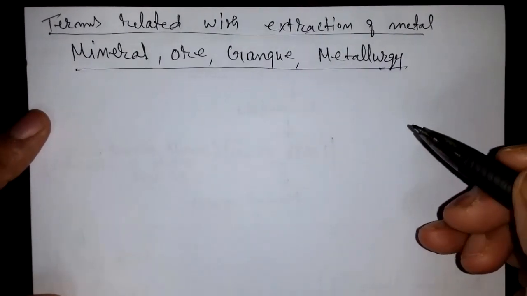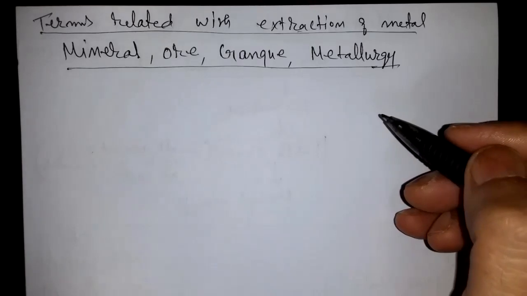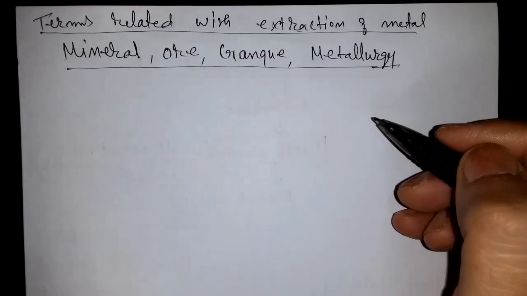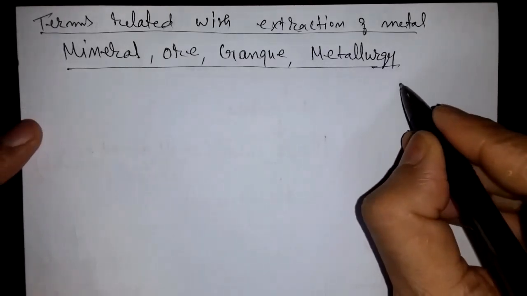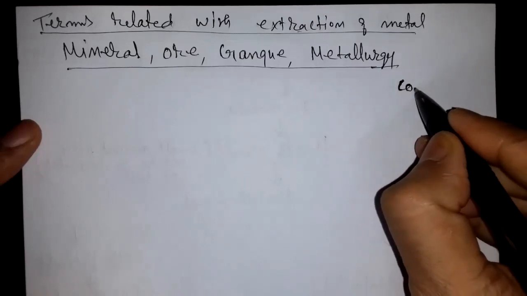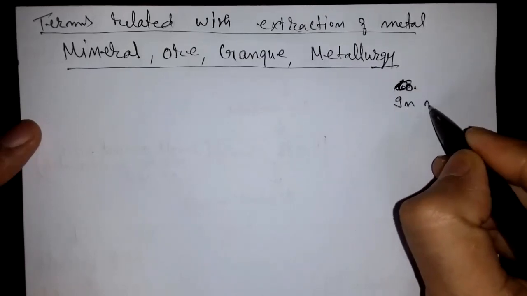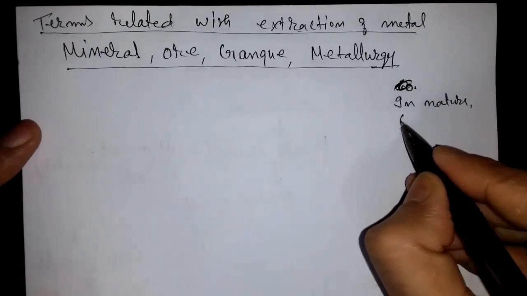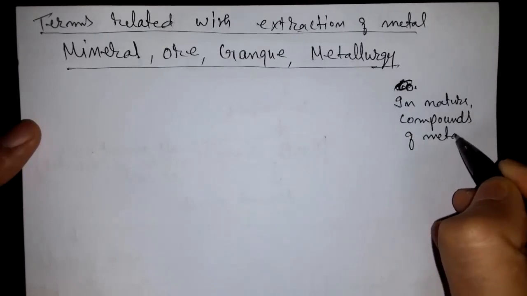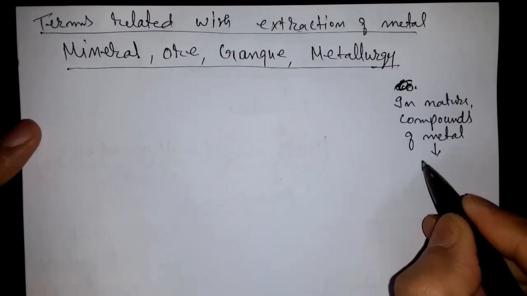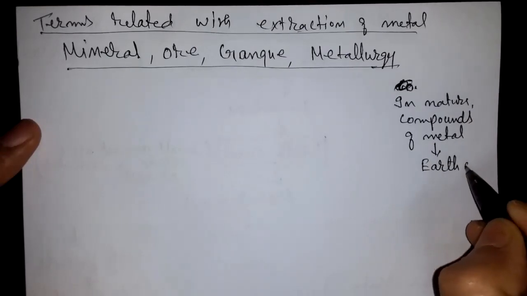Okay, just now we saw that most of the metals, or in nature where we can find metals, they are inside the earth crust. And the metals which are inside the earth crust are in the form of compound, that is combined state. Does not mean it will not be in the free state, but we said free state is only few, so we'll be neglecting this one. So in nature, compounds of metal, where we can find them, they are inside the earth crust.